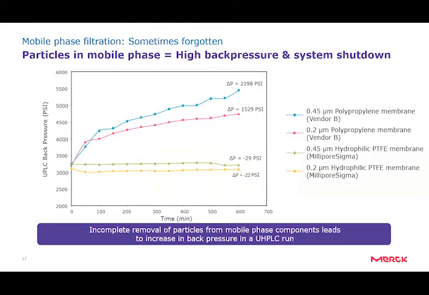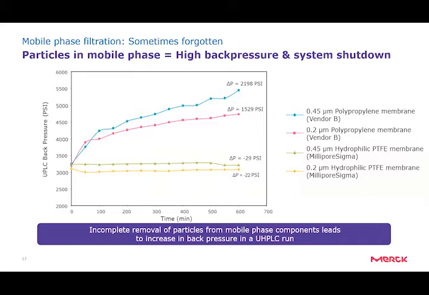Similar behavior was also observed for this polypropylene membrane compared to the PTFE membrane when a mobile phase, meaning a mixture of water and acetonitrile, was filtered through these membrane filters. And then these were allowed to run through an HPLC system overnight.